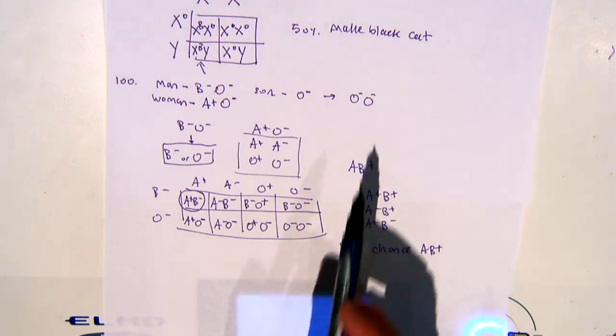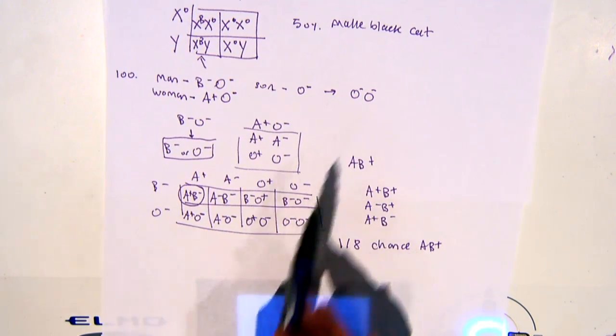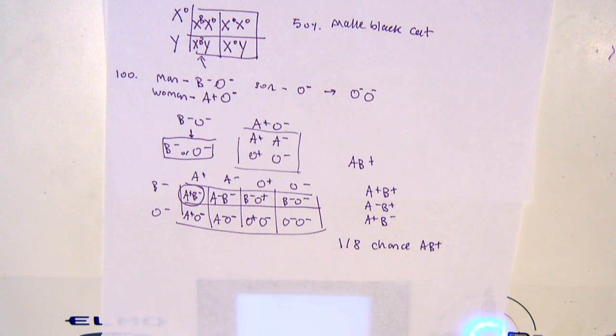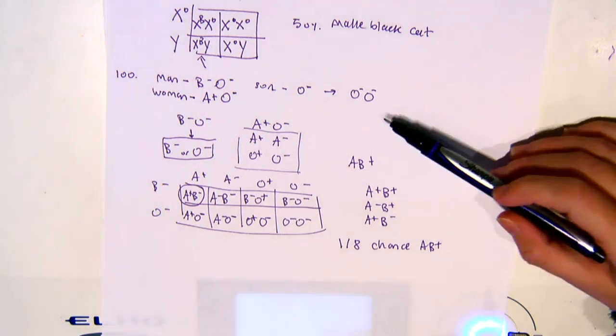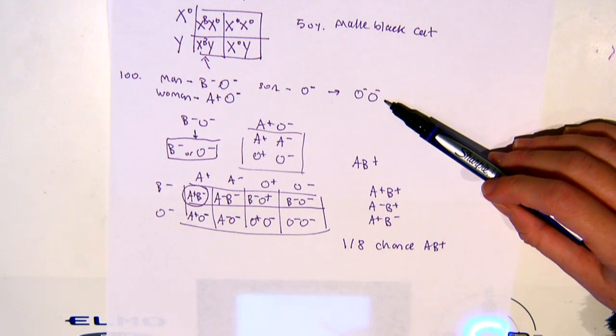Why we said he was O negative negative? Think of it like, if we're treating it as a dihybrid, we're going to FOIL. He has both of his O's, and they also have the negative.